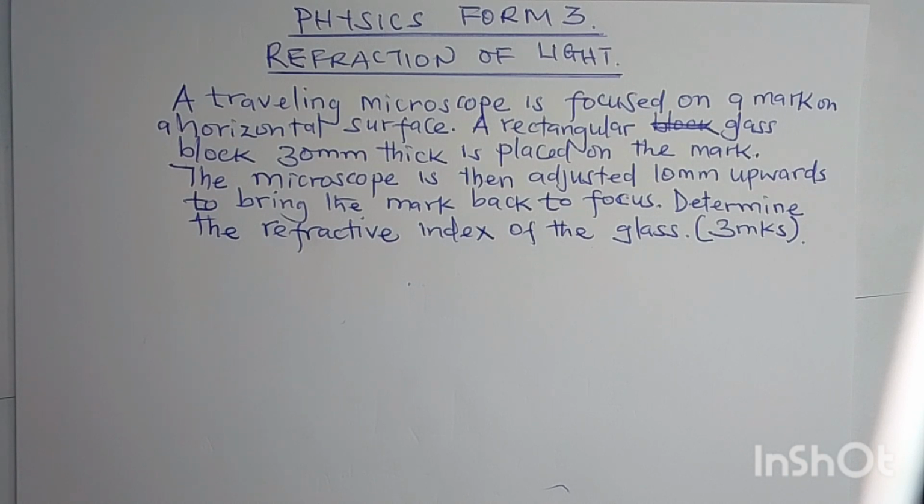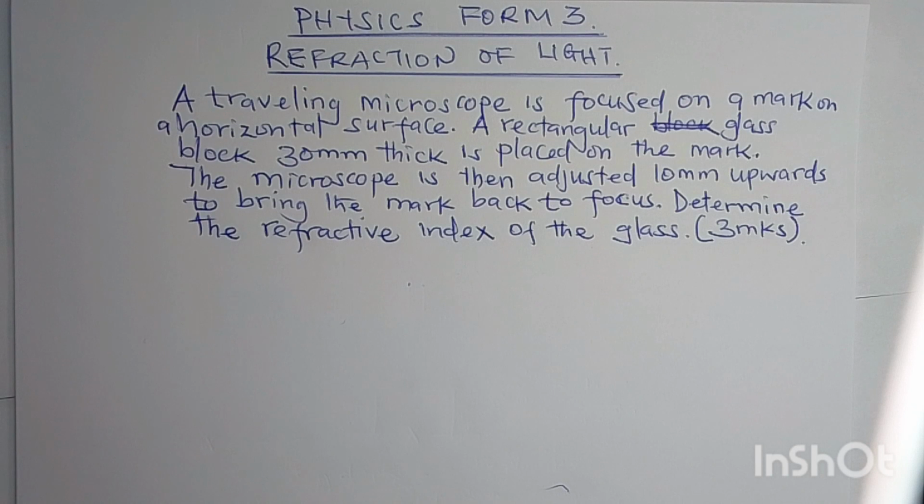So today I want to make this question appear simpler and very interesting to you, so that you may develop interest and be in a position to work it out and score the marks, suppose it appears in your exam. The question reads: a traveling microscope is focused on a mark on a horizontal surface.